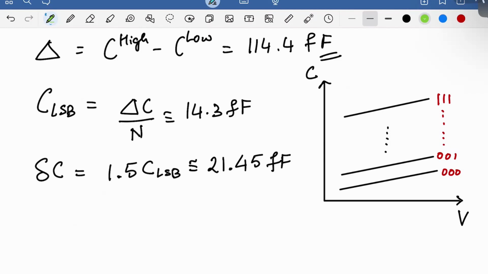Okay, so in this figure, what is CLSB and what is delta C? This value is C low, and this value is C high.